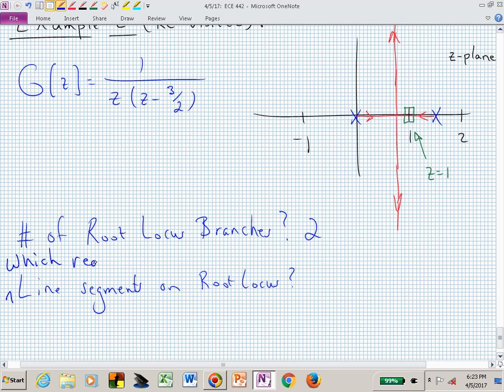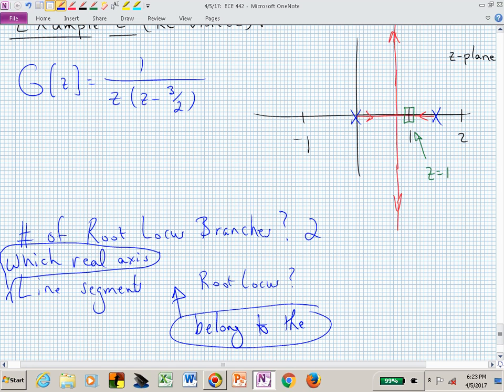So we have 2 branches, and maybe what I should say here is: which real axis line segments belong to the root locus. So we have 2 branches, but in this case we have 3 real axis line segments that have been identified or created by those 2 poles.